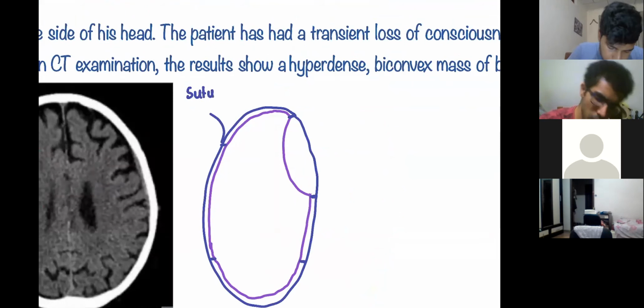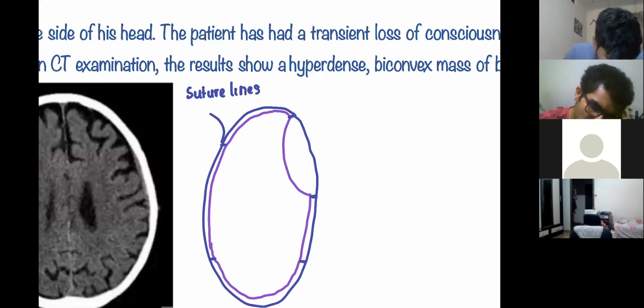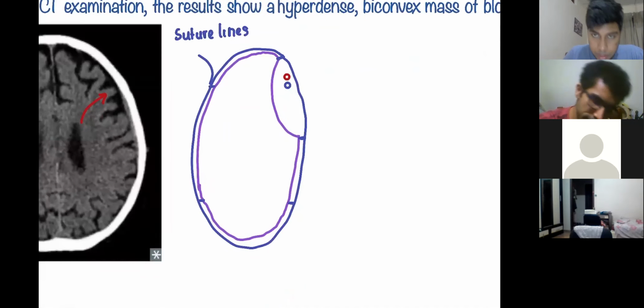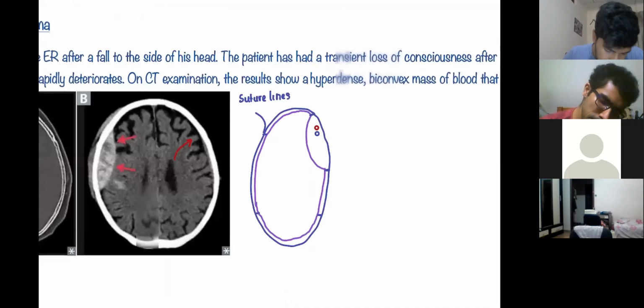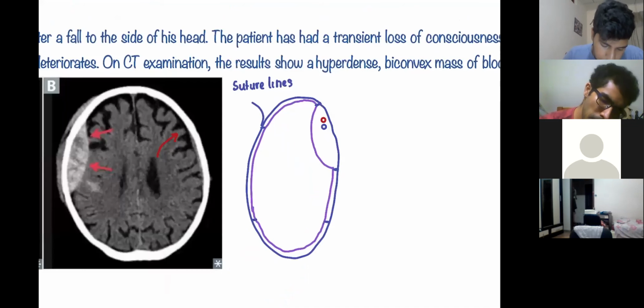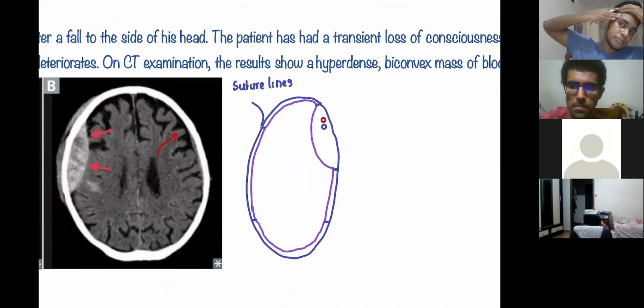Here are the blood vessels that come from here, goes here. You have the arteries and the veins. What happens if the patient has a fall on the side? Not only falls on the side.